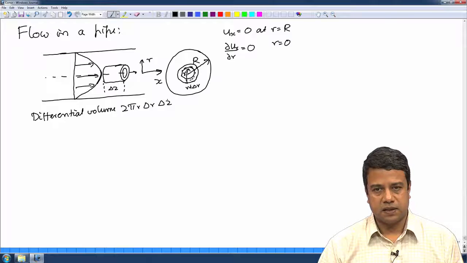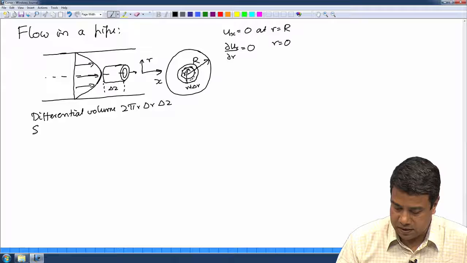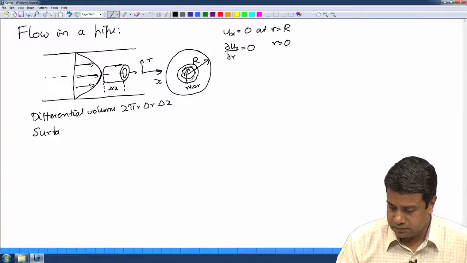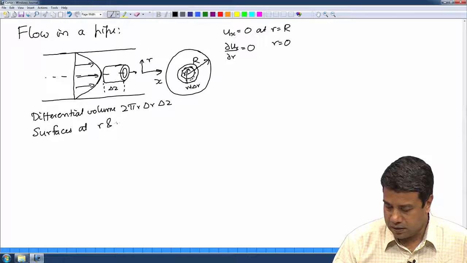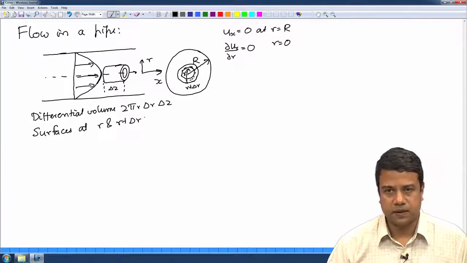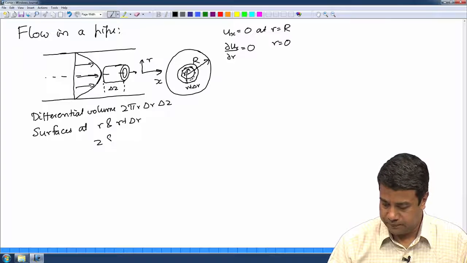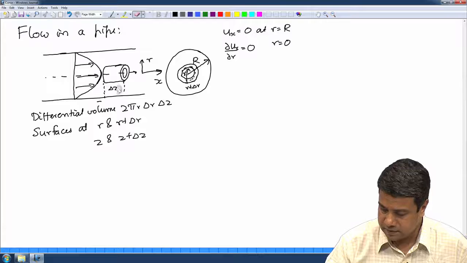So, that is the volume. It is bounded by two surfaces, at r and r plus delta r, and at z. If I take this as, I am sorry, I should take this as x.